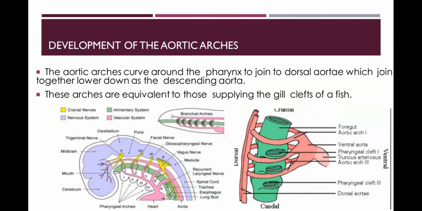The aortic arches curve around the pharynx to join the dorsal aorta, which join together lower down as the descending aorta. These arches are equivalent to the gill arteries of fish. Like we see in this picture, the ventral part curves around the pharyngeal cleft to join the dorsal aorta.